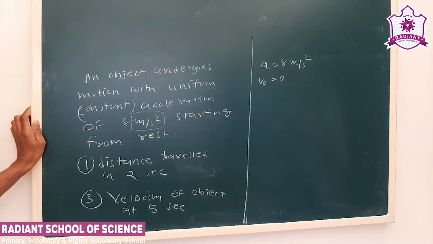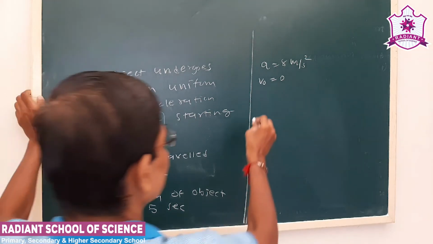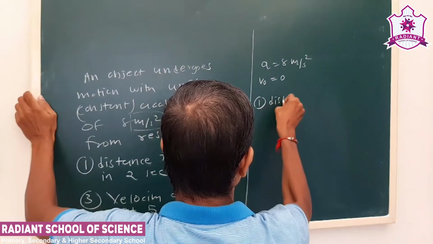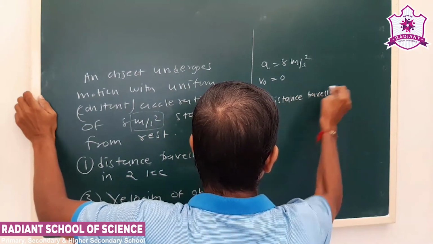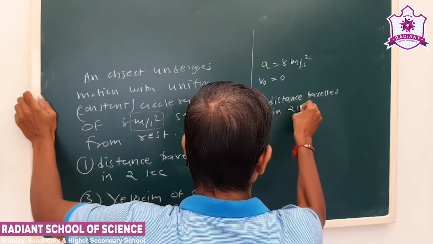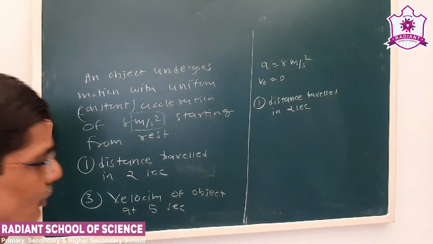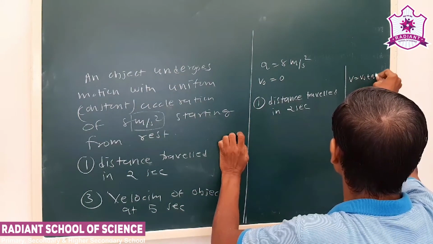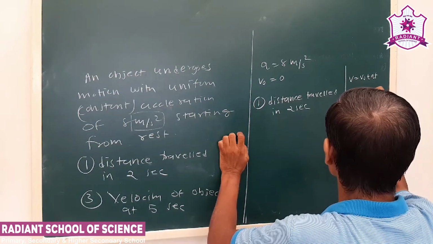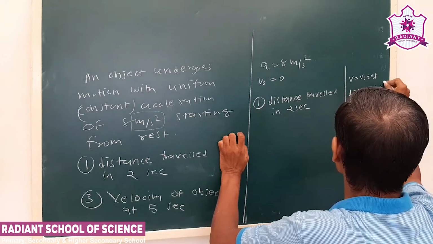Now see the first part of the question: distance traveled in 2 seconds. Recall our formulas. V is equal to V0 plus AT. D is equal to V0 T plus half AT square.